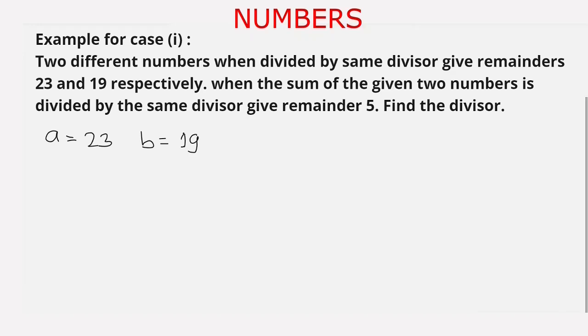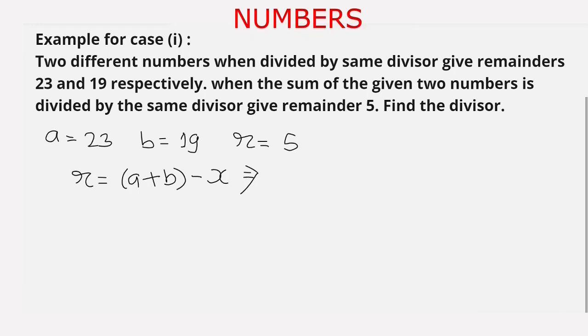And when the sum of the two numbers is divided by the same divisor, it leaves the remainder 5, and it is asked to find the divisor. We know the formula for the remainder is a plus b minus x, where x is the divisor, and we just put in the values and find x.